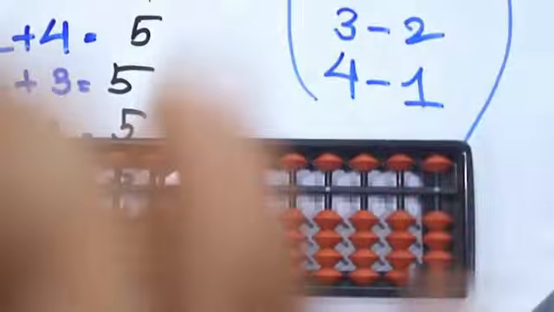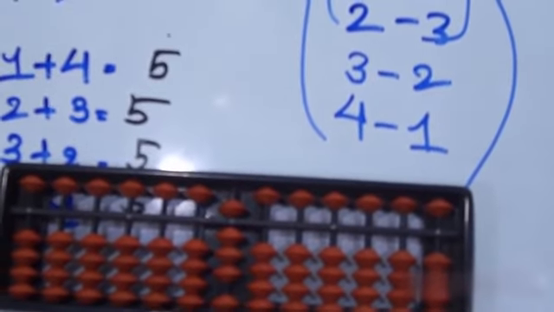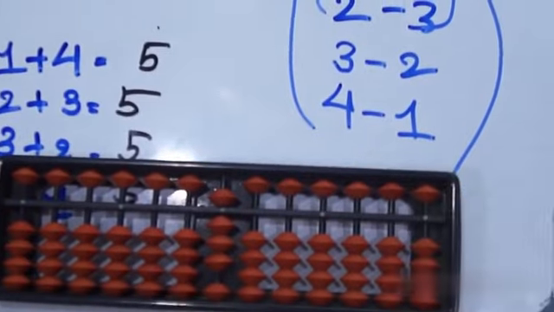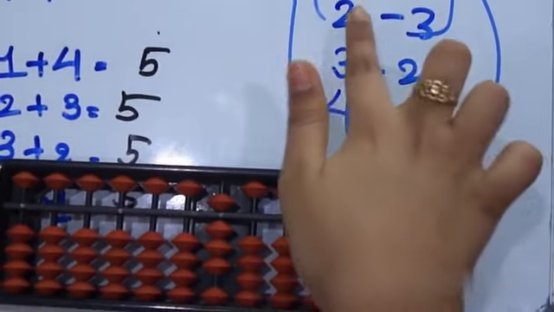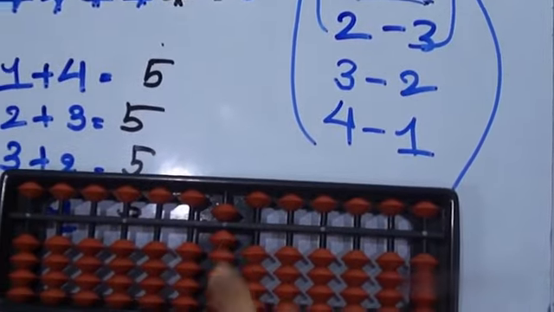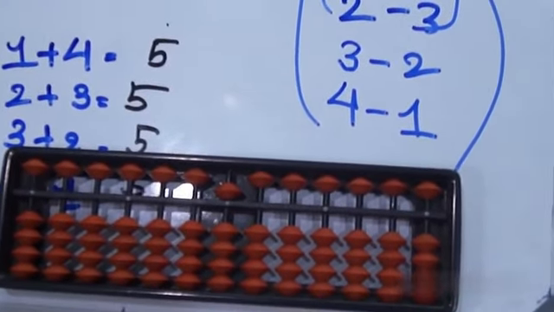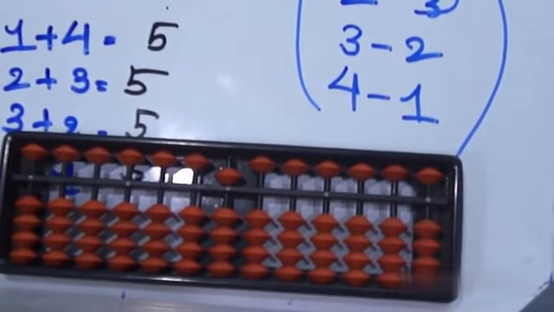Lessing the friend of the number you are adding. So what's the number you are adding? You are adding 2 to 3. So 2 is the number that I will be adding. So what's 2's friend? 2's friend is 3. So I will be lessing 3, which makes 5.